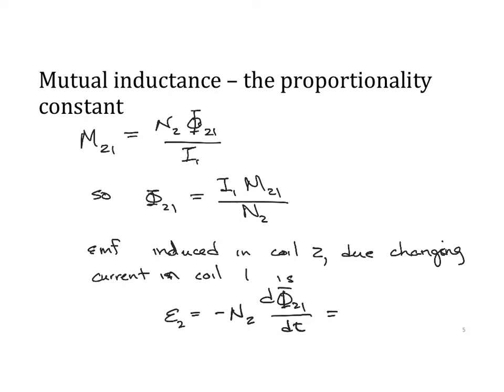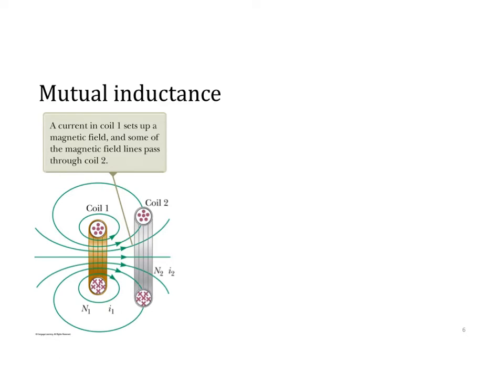So I could substitute in and write, oh, we could just use this proportionality constant and talk about the changing current in coil number 1 instead of just the changing flux, right? So what's interesting about this is that our mutual inductance, or that constant of proportionality, does not actually depend on our current.